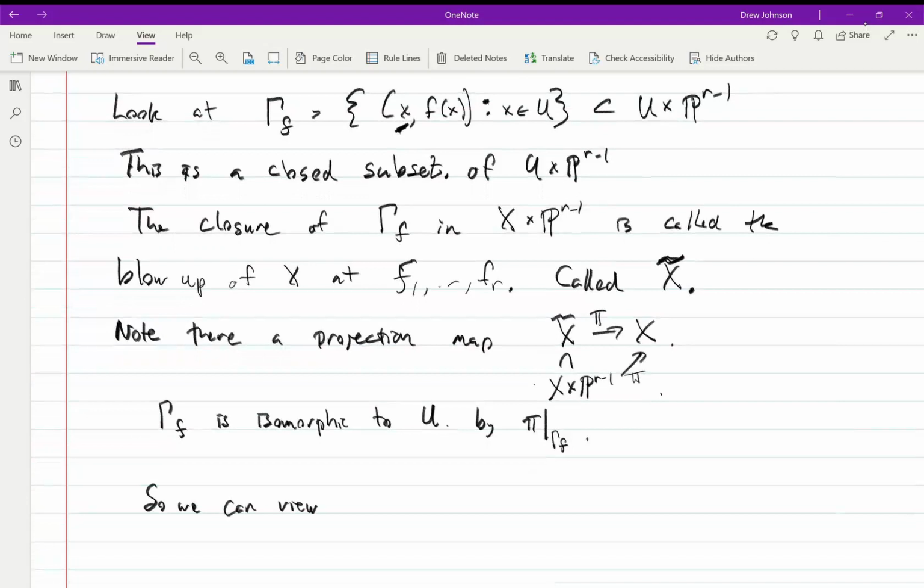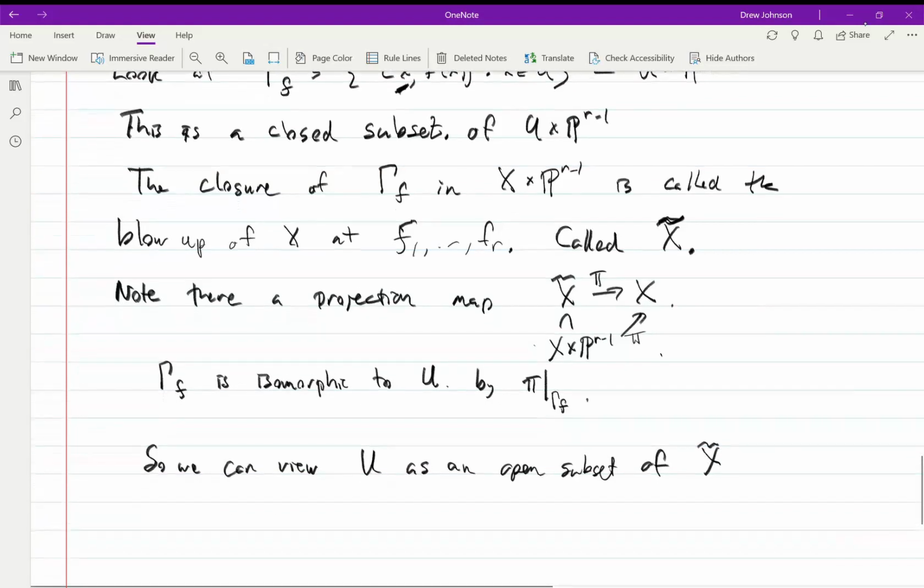Okay, so we can view U as an open subset of the blow-up. Why is that?